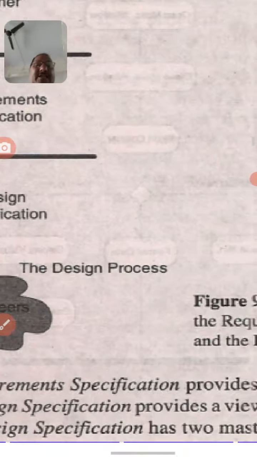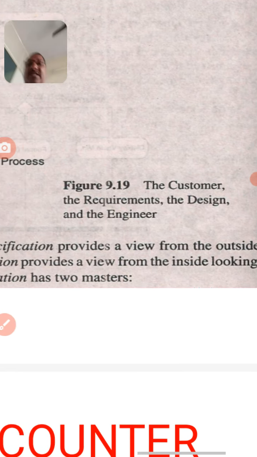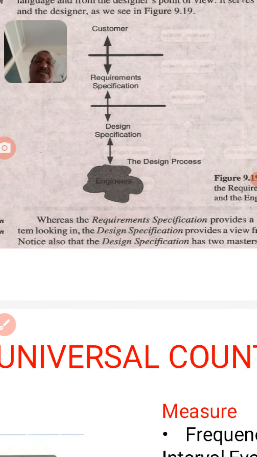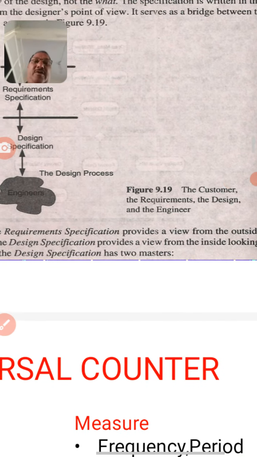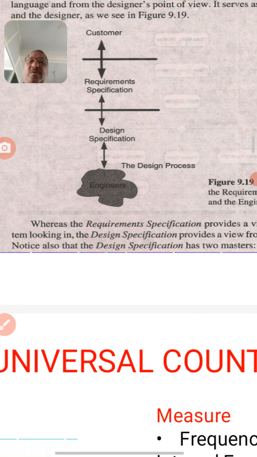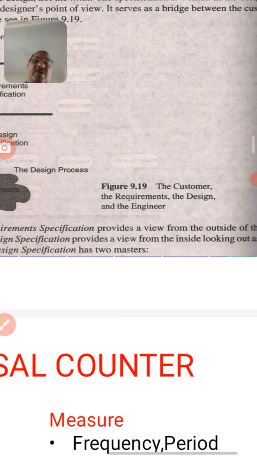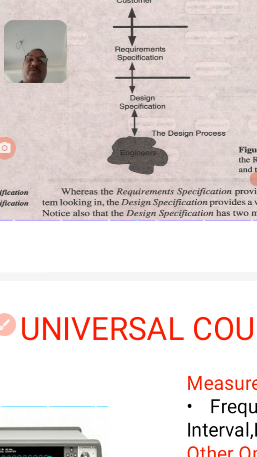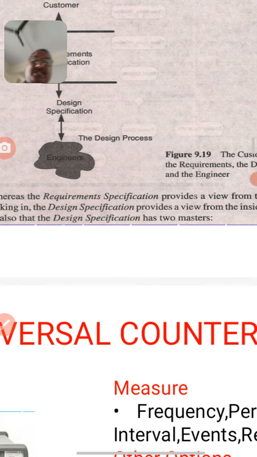This is figure 9.19: the customer, the requirement, the design and the engineers. The requirement specification provides a view from the outside of the system looking in, while the design specification provides a view from the inside looking out. Notice also that the design specification has two masters.